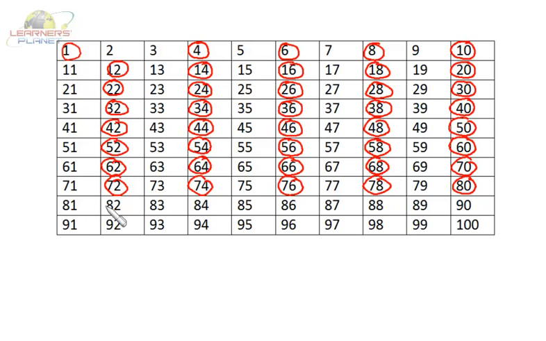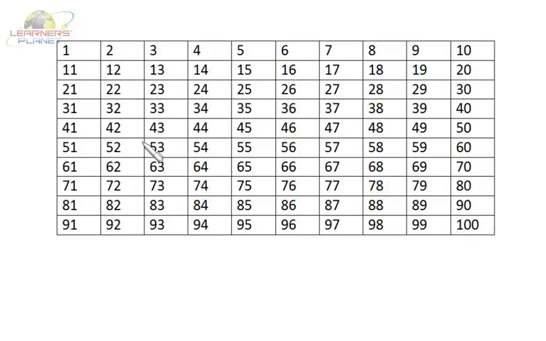Now 82, 84, 86, 88 and 90, 92, 94, 96, 98 and 100. So we have circled all the numbers which are multiples of 2, or which are coming in the table of 2.